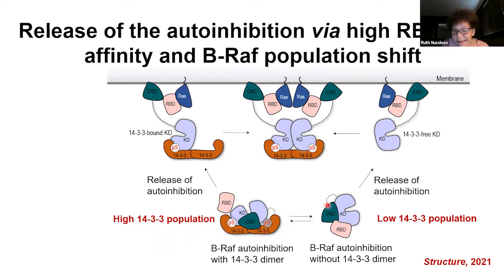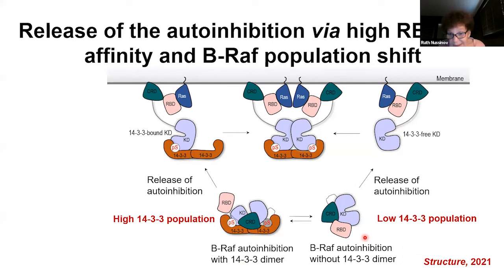In both cases, the scenario is unchanged. We know that the RBD, the RAS binding domain, binds to the active, GTP-bound RAS, and the CRD binds at the membrane. And this occurs whether it is free or bound to the 1433.